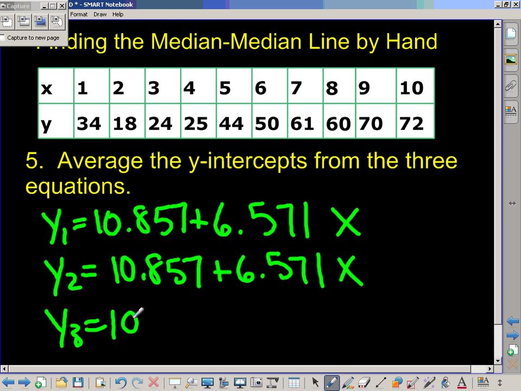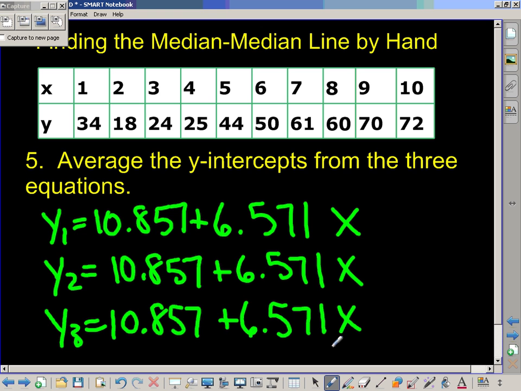Y3, 10.857 plus 6.571x. Normally, these y-intercepts won't all be this close together. How close are these? Well, they're exactly the same. We have 10.857 as the y-intercept. Normally, they'll be slightly different, and you'll average them together to get the y-intercept of the median. That's what you're going to do on the take-home quiz.